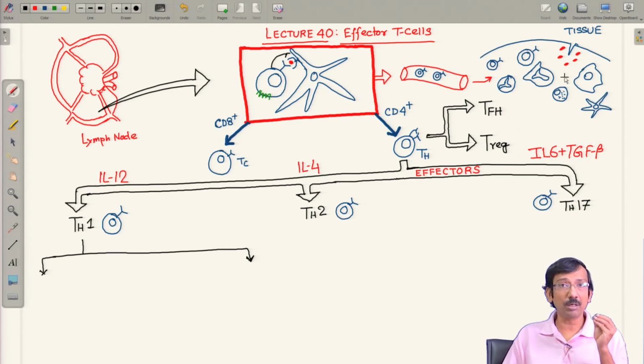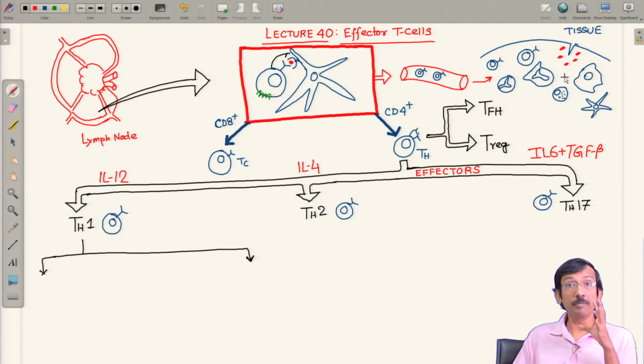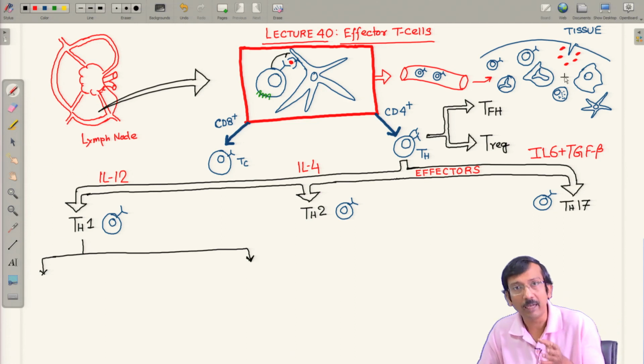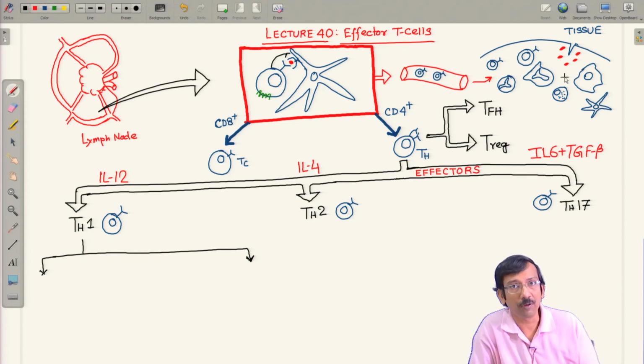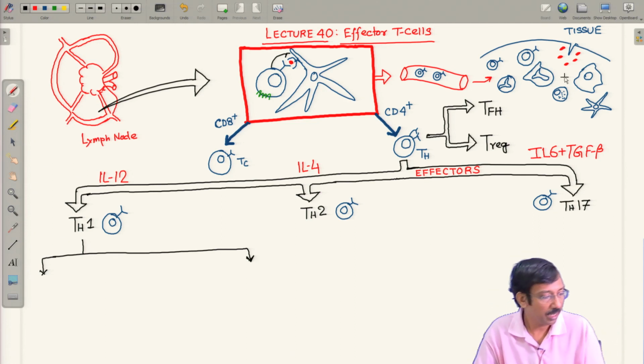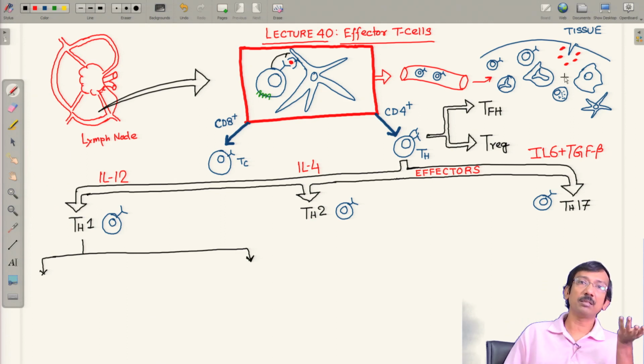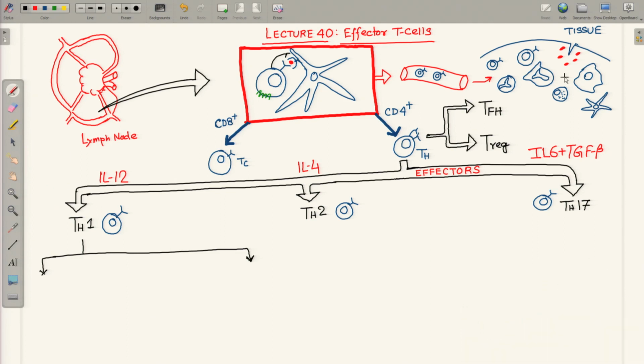These T helper cells themselves are not cytotoxic, but they can release some cytokines, some signaling molecules, so that they can turn these macrophages into cytotoxic cells, and they can activate and enhance the killing by the macrophages.